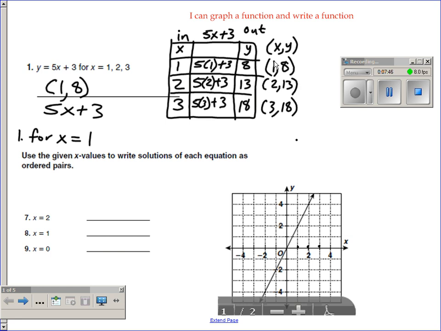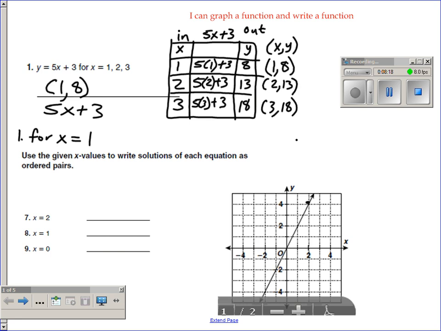So this says use the given X values to write the solutions of each equation as ordered pairs. When X is 2, what does Y have to be based off of this graph right here? I'm going to show you the first one, and then you guys are going to do the other ones, all right? So if X is 2, that means we travel over 1, 2 spots, and then I'm going to go all the way up to where that line is, because right here is the ordered pair.